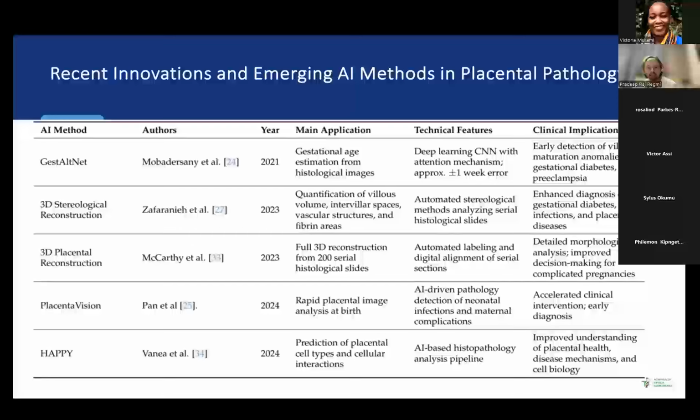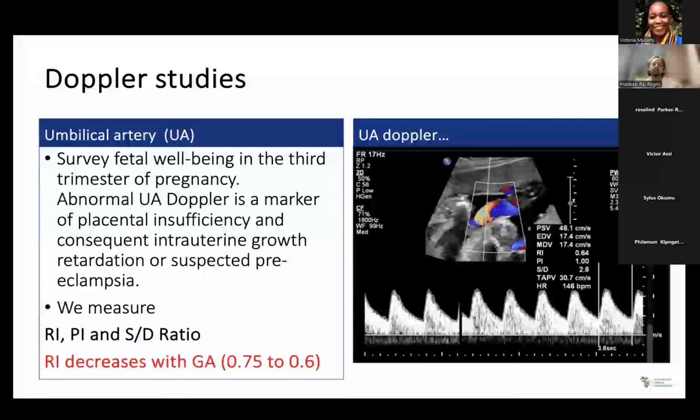There are recent innovations, AI methods in placental pathology, and most of them detect the maturation of the placenta in regard to gestational age. This can help in detection of preeclampsia, or in morphological analysis, 3D segmentation of the placenta, and improve understanding of placental health if it is integrated with AI and regular ultrasound machines.